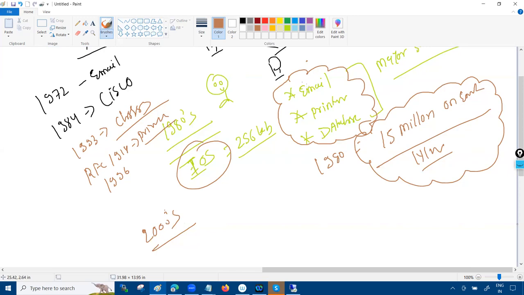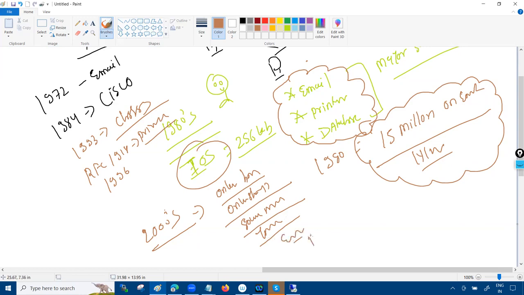Like in the 90s, 80s time, we had email, printing, database. Now in the 2000s, we have online banking, online shopping, or social media was there. The internet heavily increased gradually. Email was there, printer was there, database was there. Many things came in the 2000s.